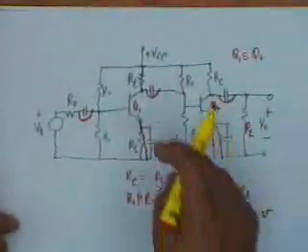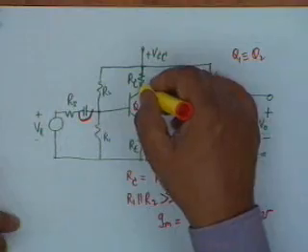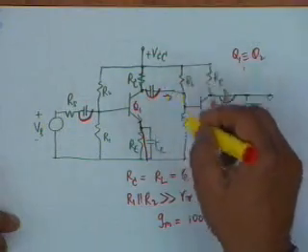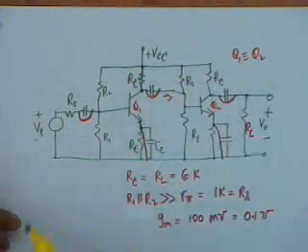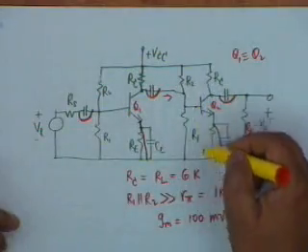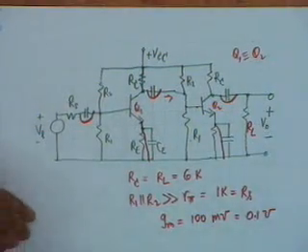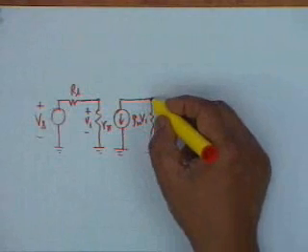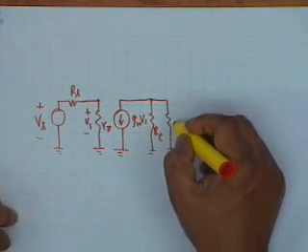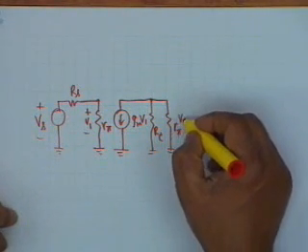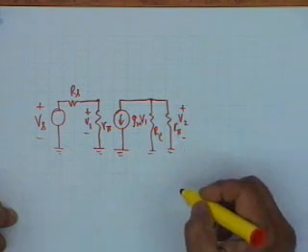The load of this transistor is R sub C, and then whatever it sees, R1 parallel R2, which we ignore, and from here to ground there shall be an R pi, and let us say this is V2.